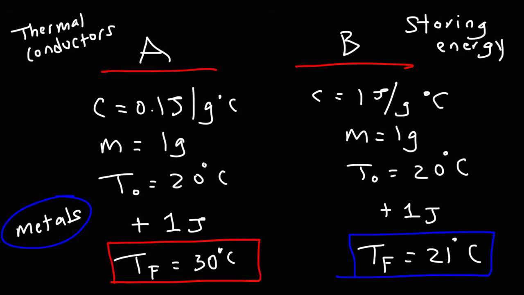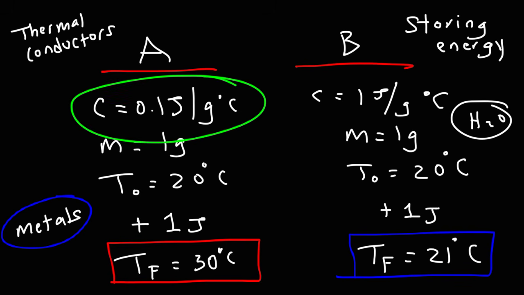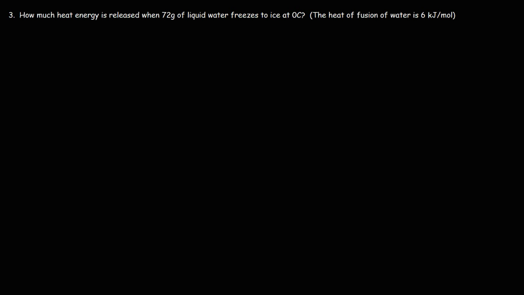Water, on the other hand, has a very high specific heat capacity. And so water is very good at storing thermal energy. So I want to help you to see the differences between these two substances as indicated by their relative specific heat capacity.